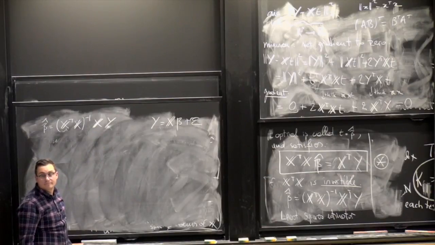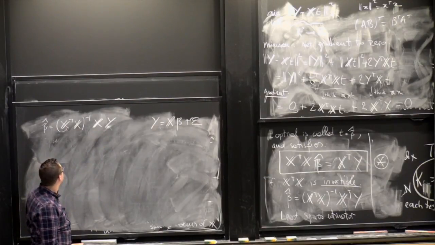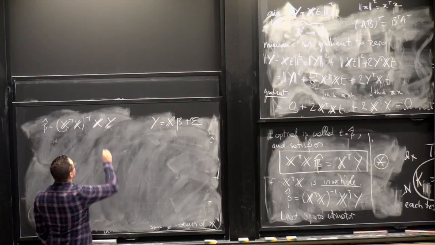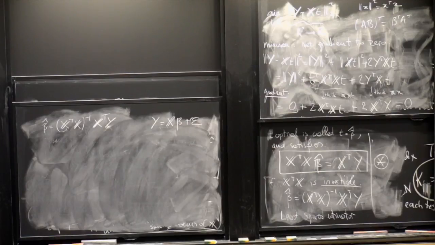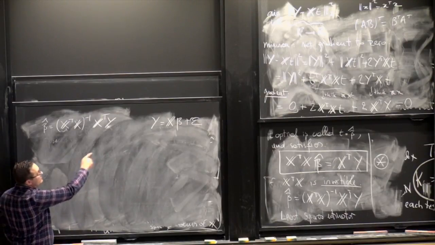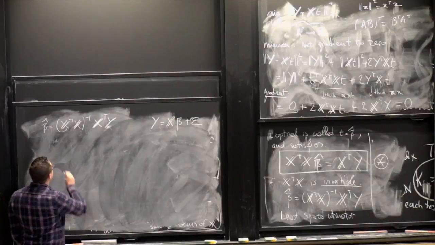Isn't it X transpose X inverse X transpose Y? Oh, yeah, that's X transpose. Thank you. OK? So I'm going to replace Y by X beta plus epsilon.